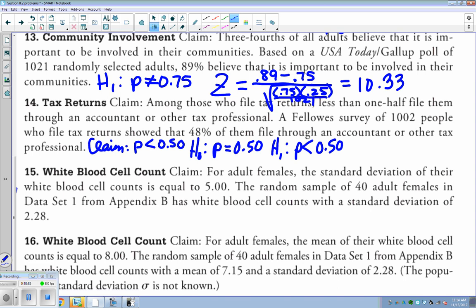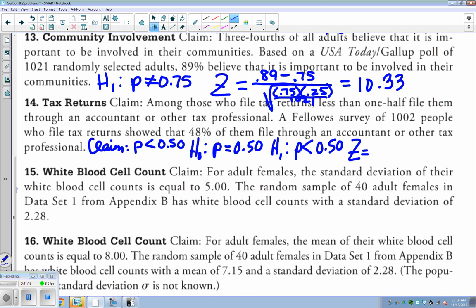Okay? And then my formula for the z, I'm going to try to squeeze it in here. P hat minus P. P hat is always my sample statistic, and it tells me my sample had 48%, correct?